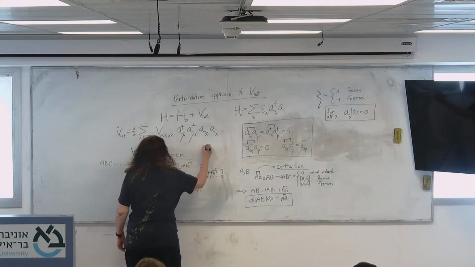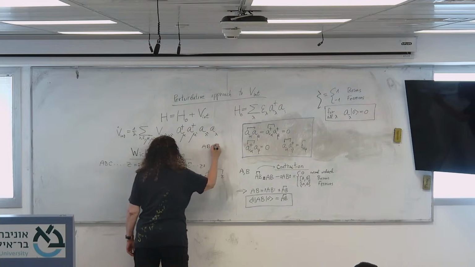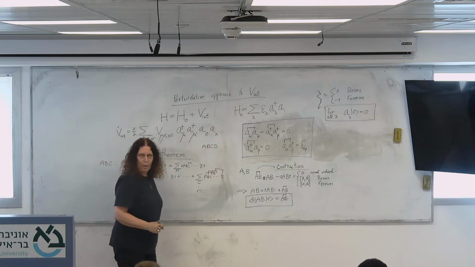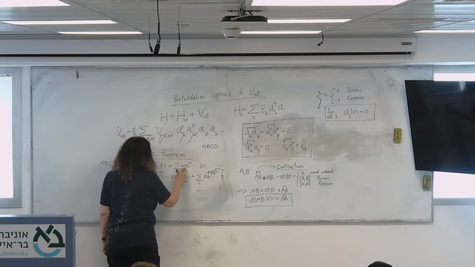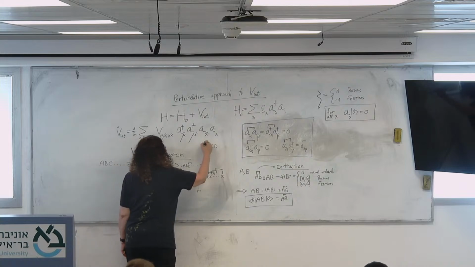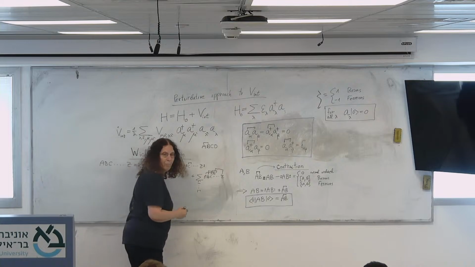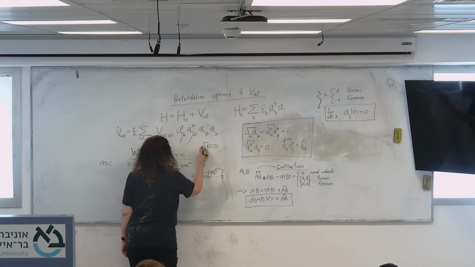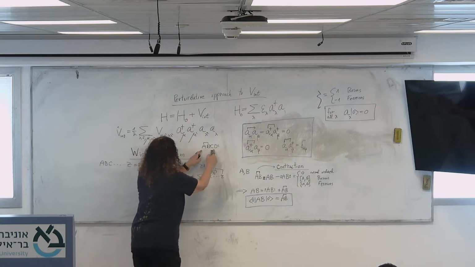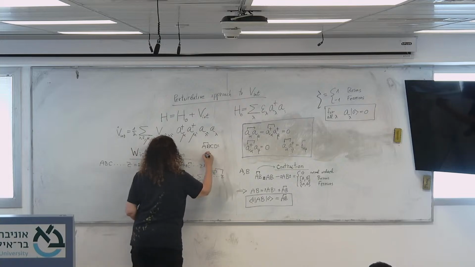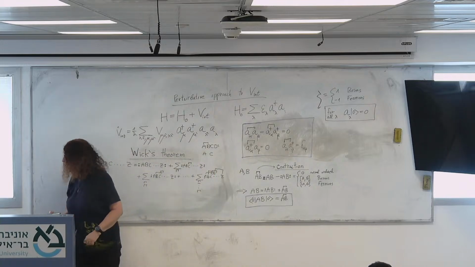Suppose I have just 4 operators, A, B, C, D. In this term, I will have something like a number times the normal order of CD.